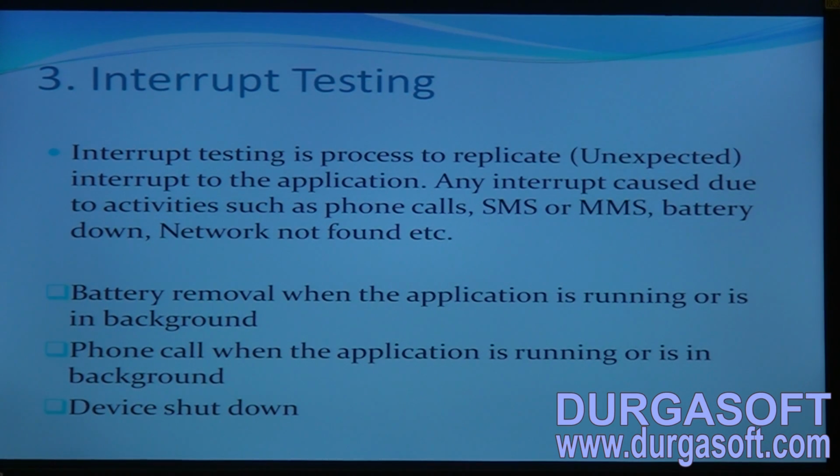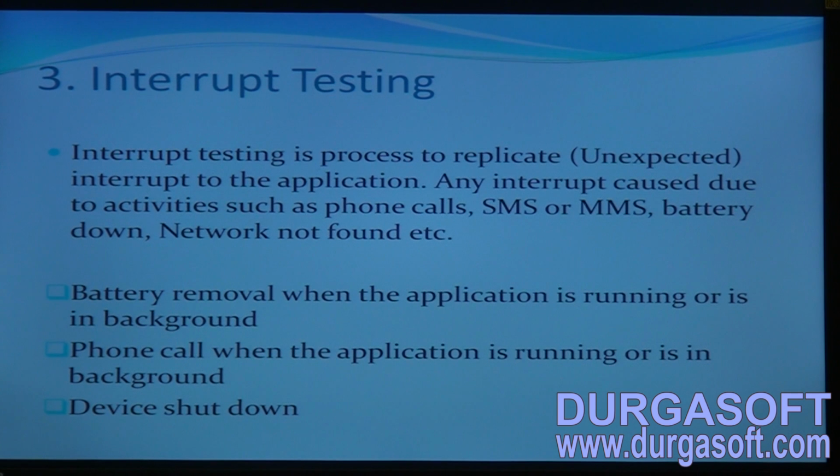Interrupt testing is a process to replicate interrupts to the application. Interrupt means a disturbance. If you are downloading an application and in the middle you remove your battery, this is called an interruption.